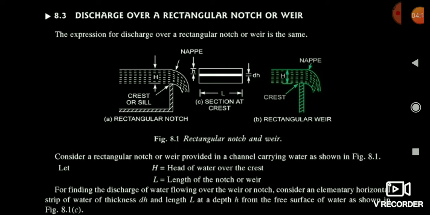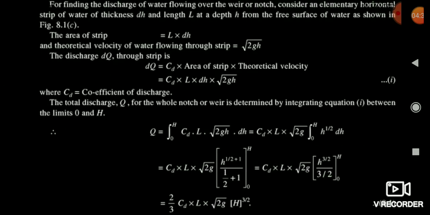That's it. You can see the crest, nappe, and you can pause the video and see each and every term. I am not going to repeat each term because it would be lengthy; I am only focusing on what is asked in the GATE examination. You can see the head of water over the crest, the length of the notch or weir, the length L and head h.